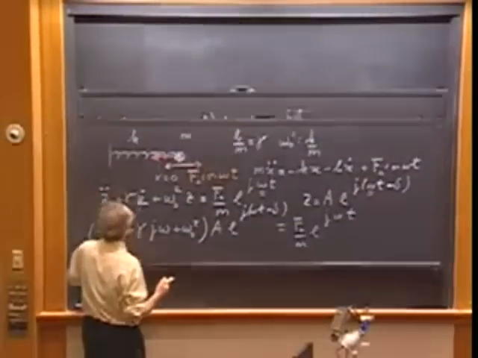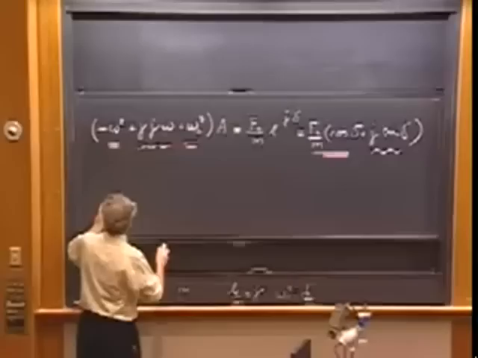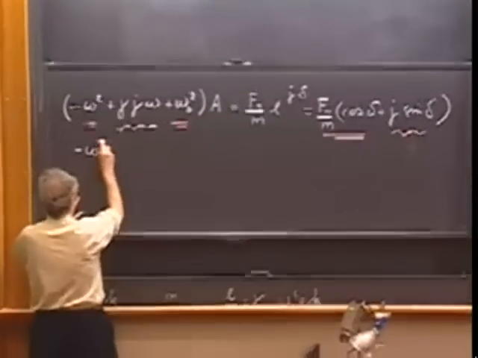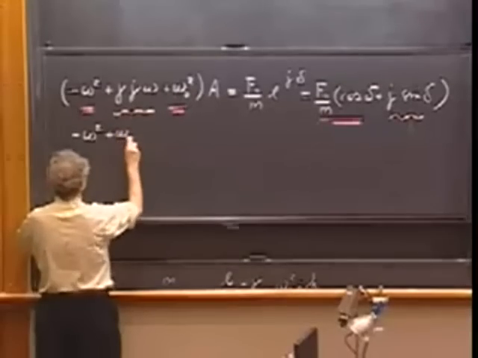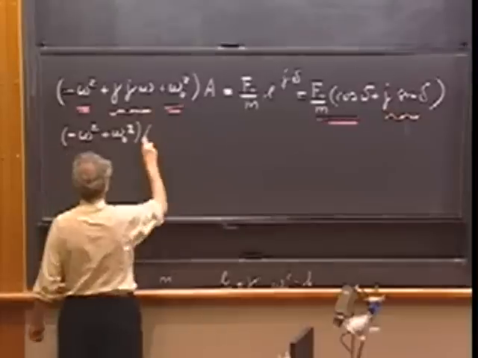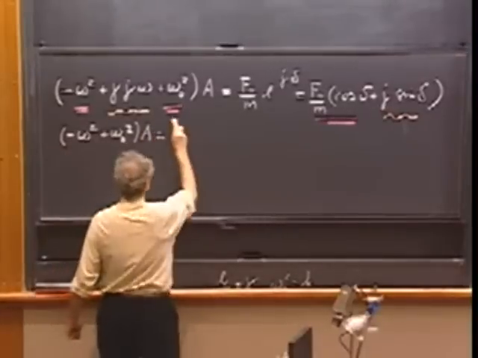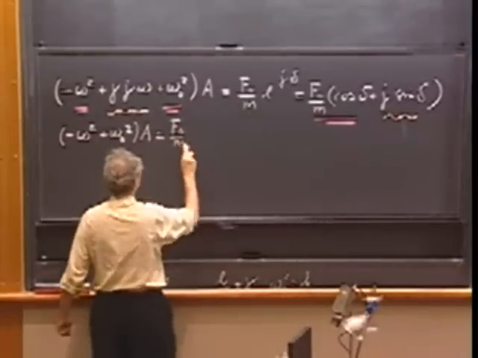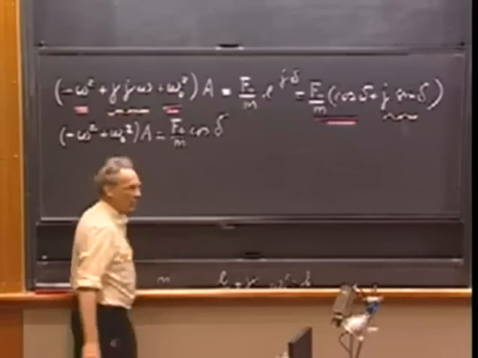So we now get that (−ω² + ω0²) times A must be equal to F0 divided by m times the cosine of δ.